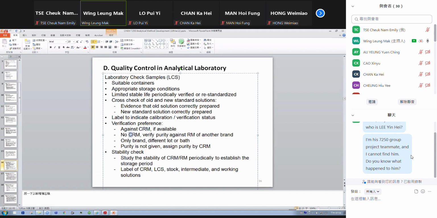When there is no CRM in the market, for example, the lead in the pork, okay, we don't have this lead in the pork CRM because the matrix is not easy. If I have the lead in the pork, I don't have the lead in the beef.